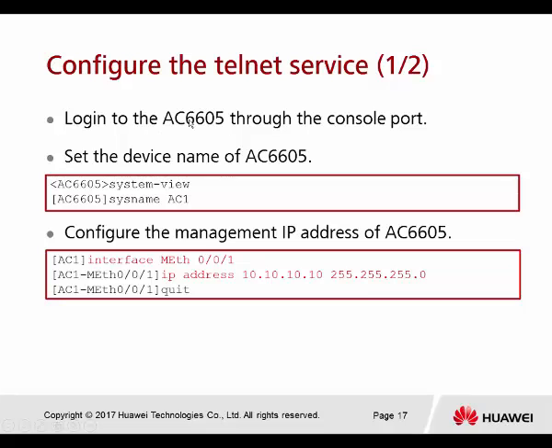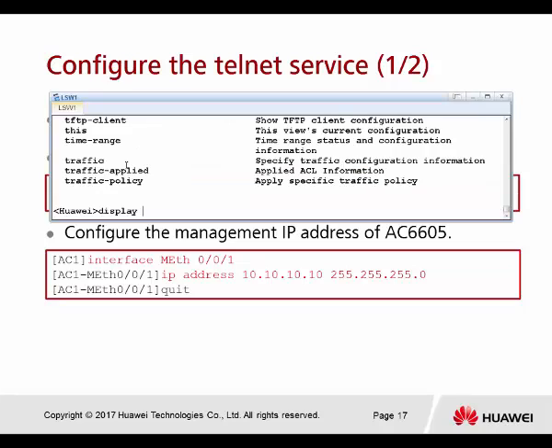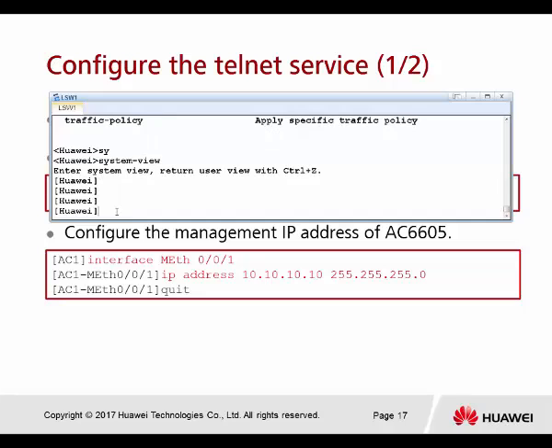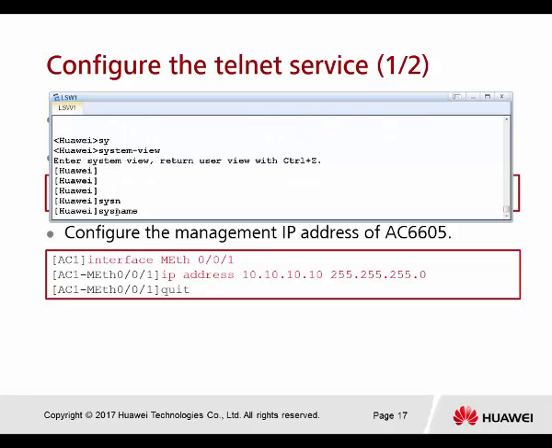So log in to the AC through the console port. The first step, you can use the command sysname to rename your controller. Right now, the default name for the Huawei system is Huawei, and this is not the name that I want. So I enter the system view, type the command sysname, and change the name.